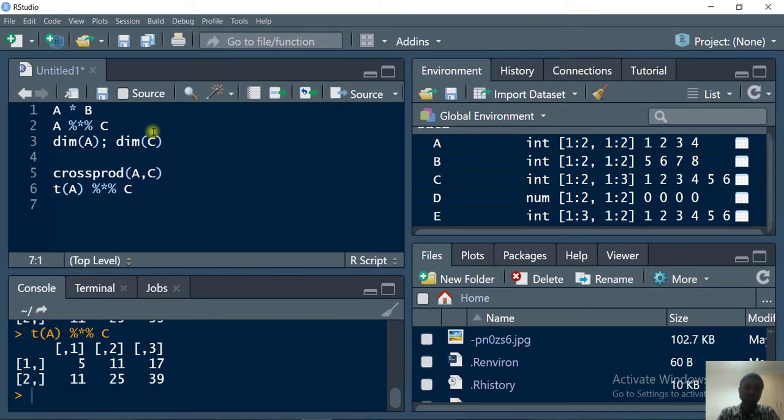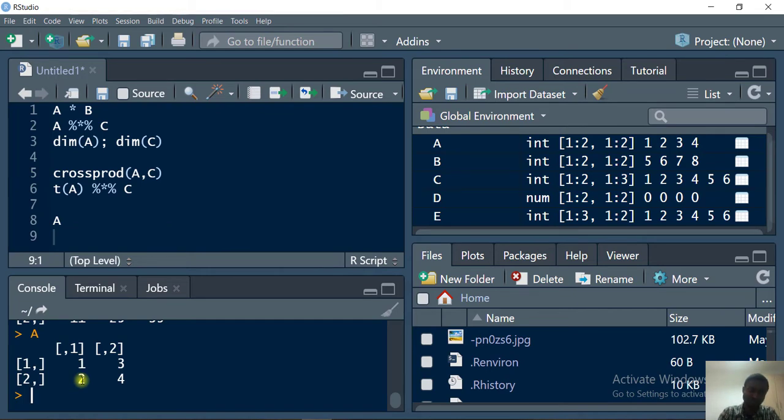So what exactly do we mean by transpose? Let's print out matrix A. This is 1, 2, 3, and 4. So what is happening is that what we have as our column in matrix A, if I take the transpose, everything we have here, this 1, 2, will be what we now have as our row.